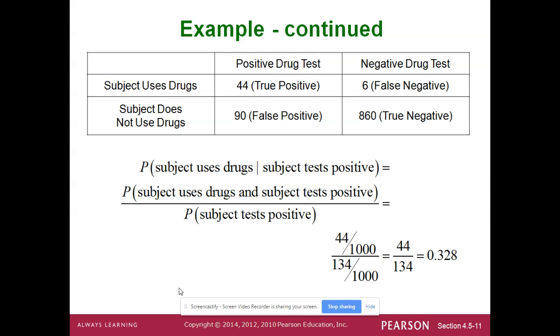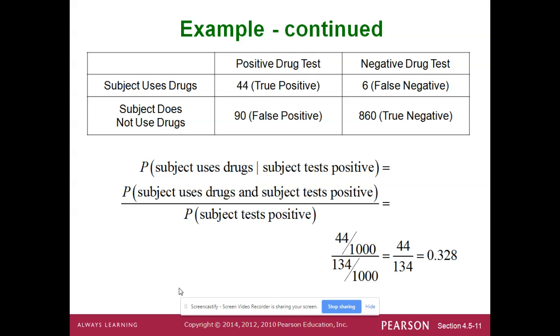And then on the bottom, we're going to take the subject tests positive. So that's the total number of positive results. We had 44 that were true positives, and then 90 false positives, people that we knew weren't taking drugs or didn't take the drug we were testing for. So that's 134 together out of the 1,000 people that were tested.